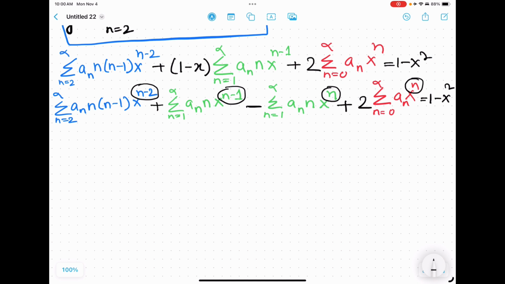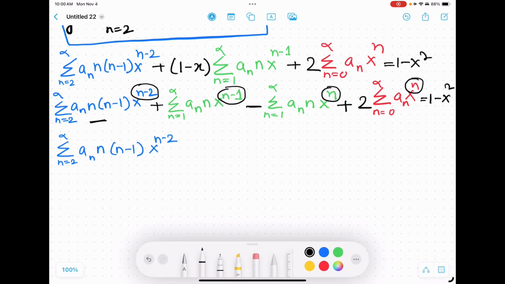So first I want to change the exponents of my first power series, which is this one right here. So I have summation n equal to 2 to infinity a sub n times n times n minus 1 x to the power n minus 2.